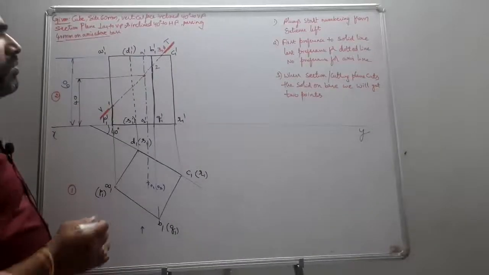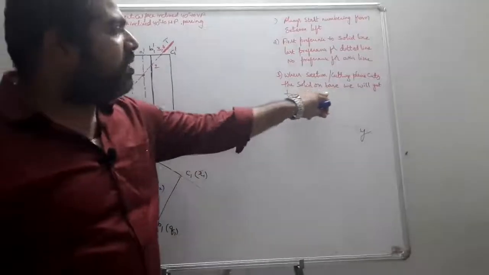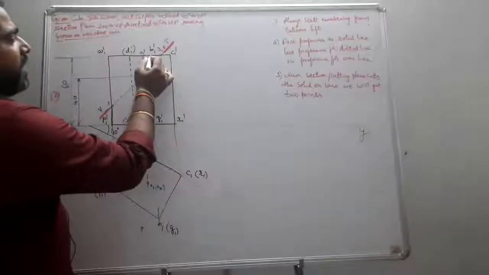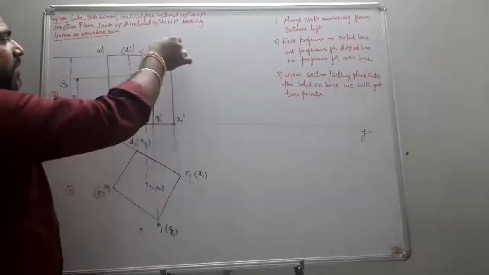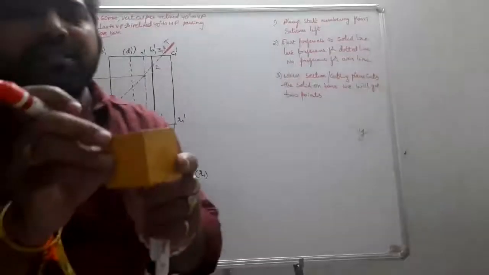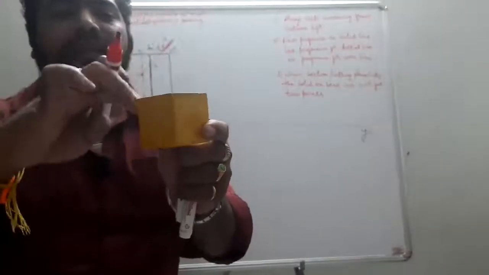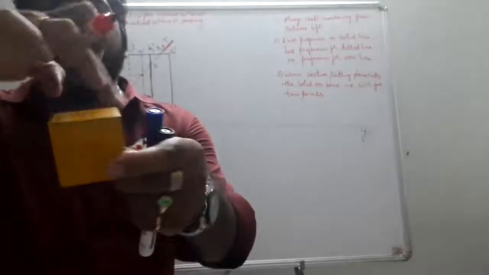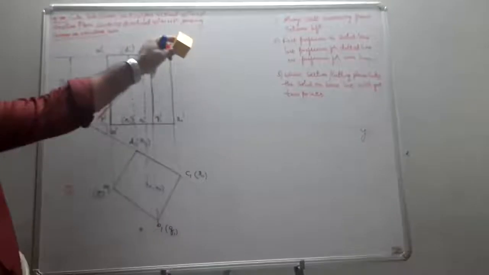Students, okay. So when the cutting plane cuts the solid on the base, we will get 2 points. Why? Because in front you see only the edge BC, but on the back side you have your CD base edge also. If you consider here A, B, C, D, and the cutting plane cuts in this pattern, this is going to be seen, but it also cuts the back side portion.